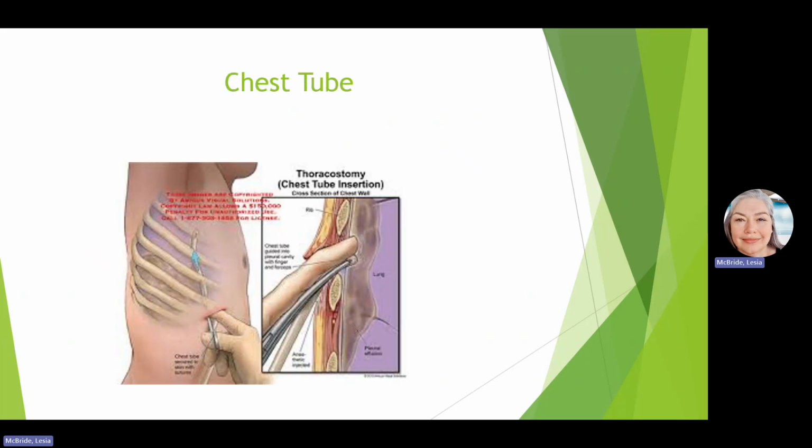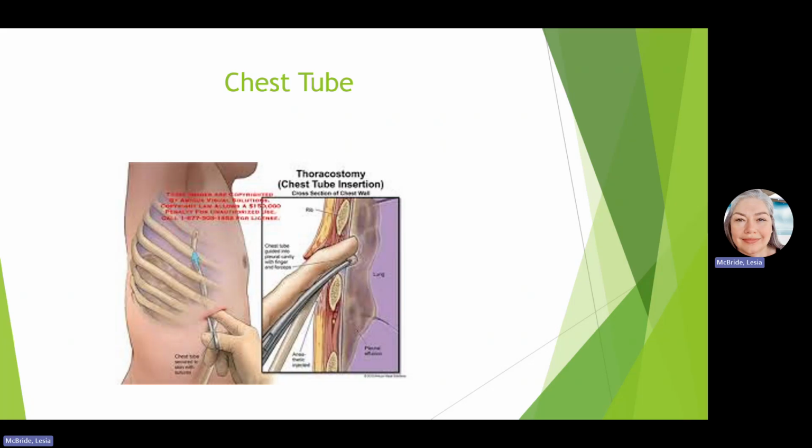Again, a patient may also have a chest tube. This is the thoracostomy that goes in. They actually put this into the lung in order to drain out excess fluid that otherwise would keep the lung collapsed. You need to make sure that you don't pull on these lines, that we're still getting fluid, that they're in place.